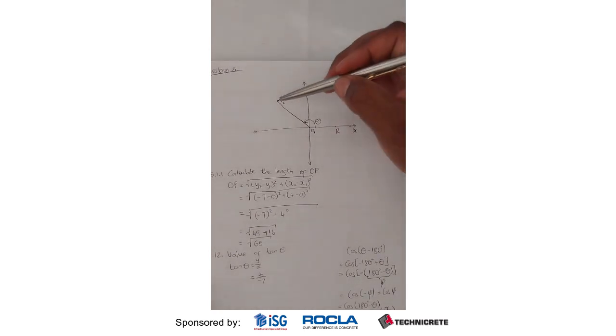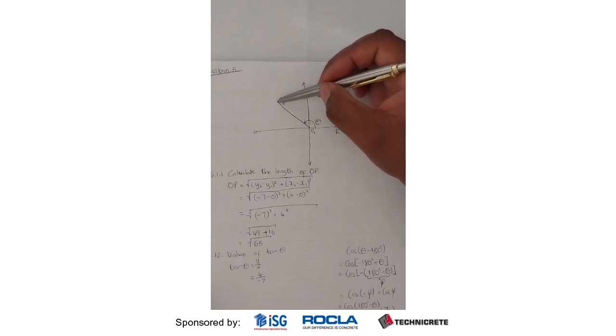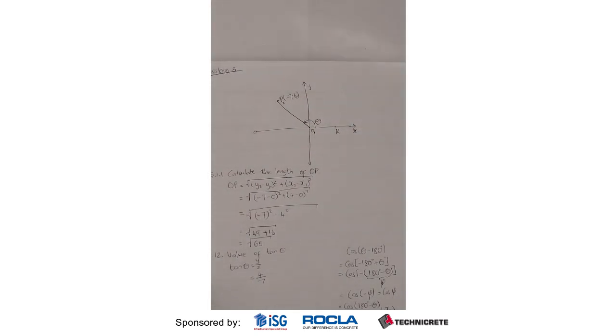Our r is the length from the origin all the way to that particular point, and we've just calculated it. It's the root of 65. Our x value is minus 7, and our r value is the root of 65. So it solves to become 7 over the root of 65.